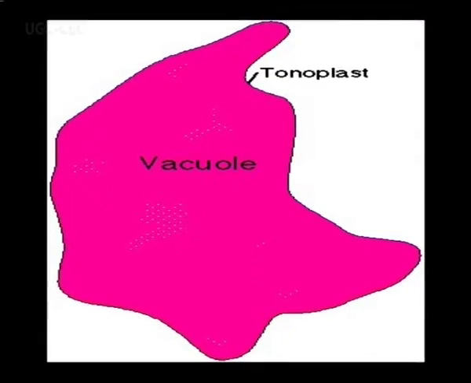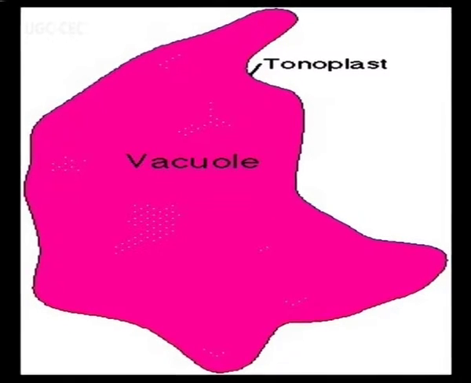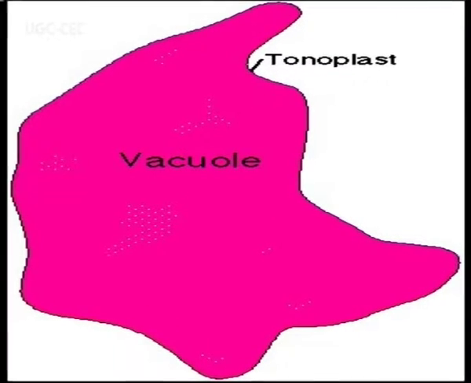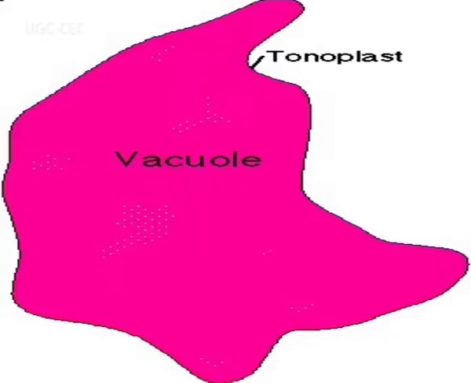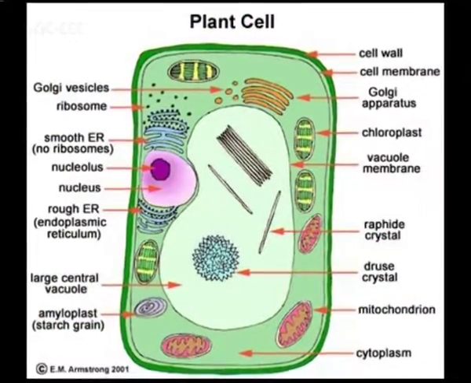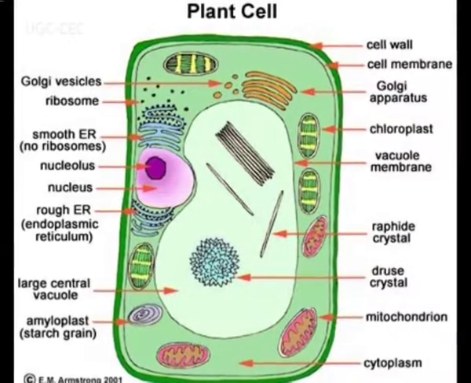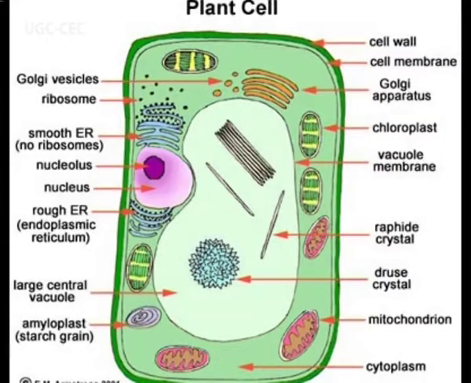In addition to the external boundary, plant cells have an internal boundary, the tonoplast, which encloses the vacuole. Expansion of plant cells occurs mainly in the vacuole, so this is the largest compartment of most mature cells.